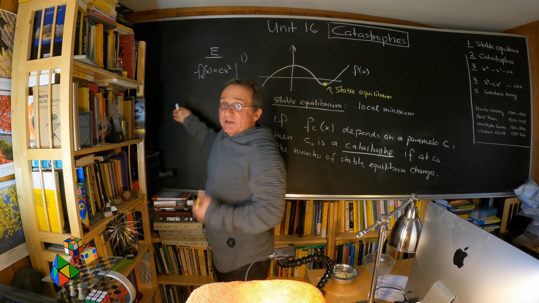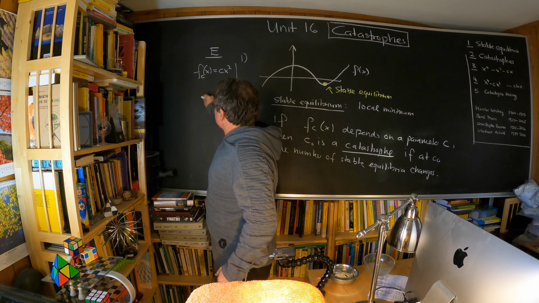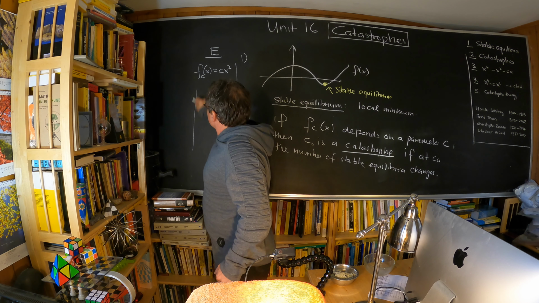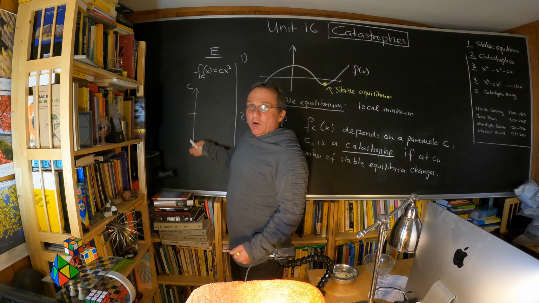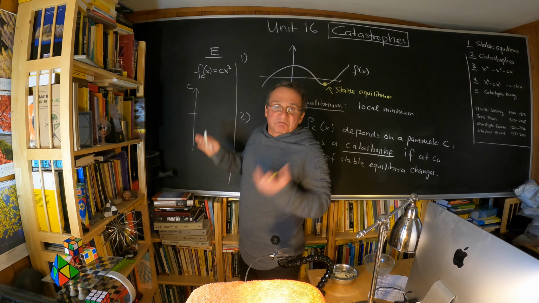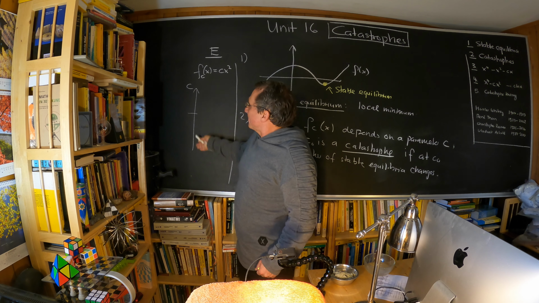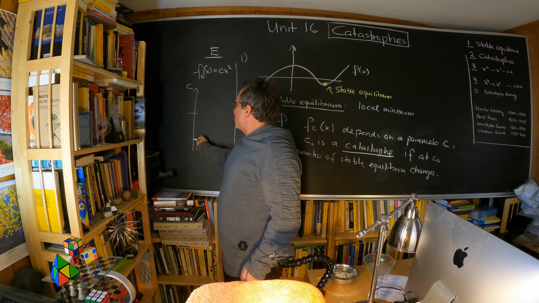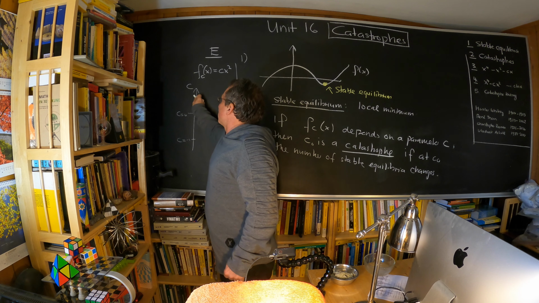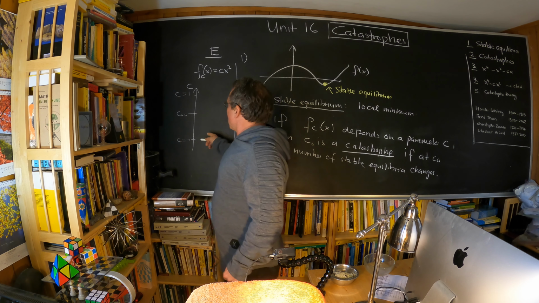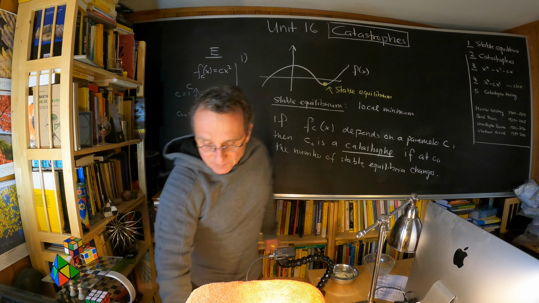What we have is we just draw for different c values the graphs. So this is c. We usually go with c up. It could also go down, but usually we go up here. And so this would be c is equal to -1. This would be c is equal to 0. This is c is equal to 1. And in each case we draw the graph of the function.